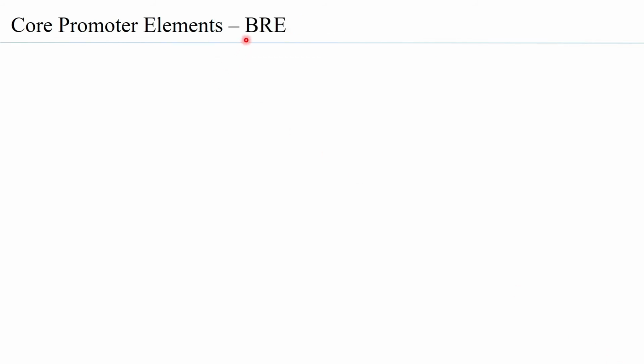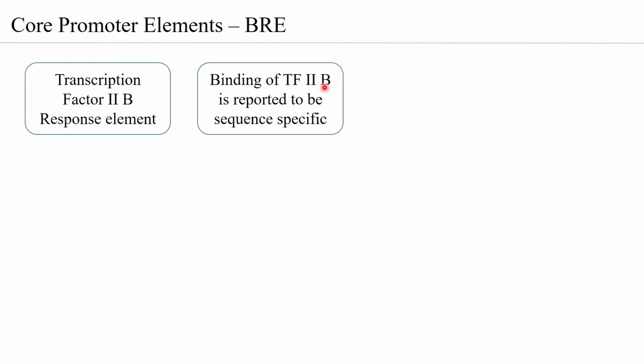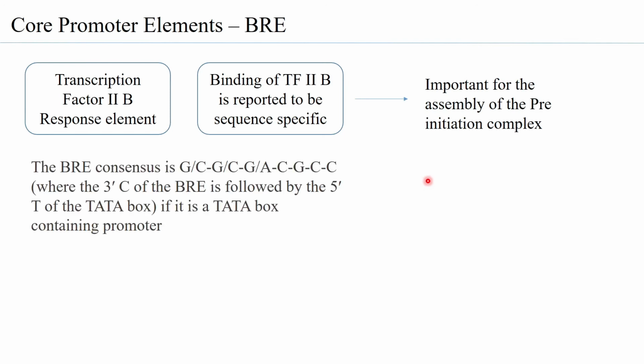Then we go to the next core promoter element, which is the BRE. The BRE is the transcription factor 2B binding response element, and TF2B binds to the BRE consensus sequence, and this binding is sequence specific. This interaction of TF2B with the BRE is very important for assembly of the pre-initiation complex.